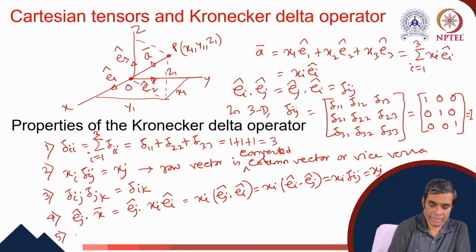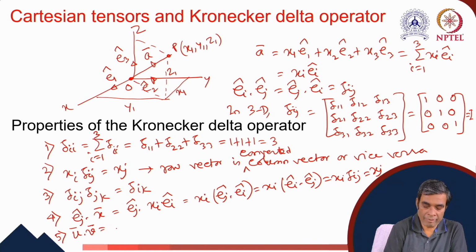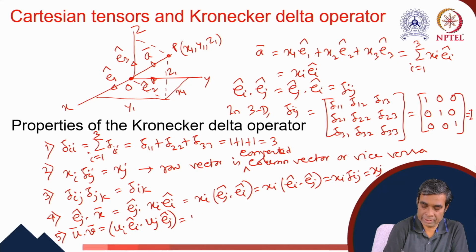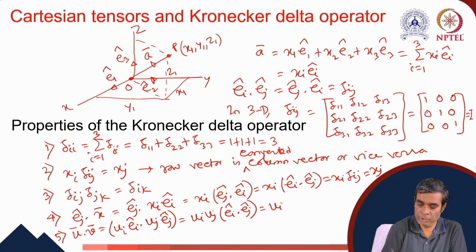And the fifth property we can write as the inner product or dot product of first order between two vectors u and v. We can write it as ui ei cap dot uj ej cap. This gives us ui uj into ei cap dot ej cap equals ui uj into delta ij equals ui ui.